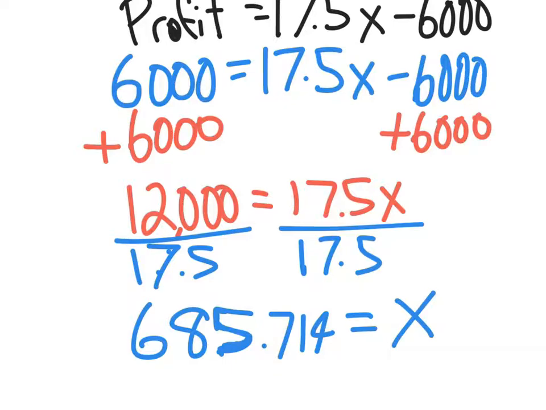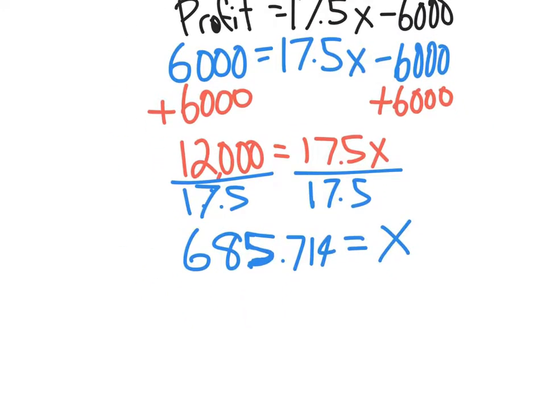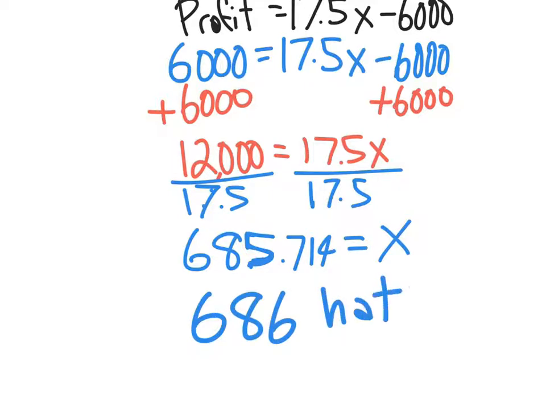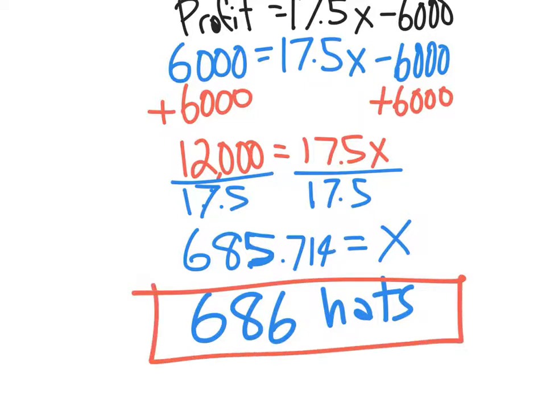So she needs to sell 685.7 hats to make the profit. Now we can't have 0.7 of a hat, right? We can't have a fraction of a hat. So what we're going to say is that minimally, Sabrina's got to sell 686 hats to make a profit of $6,000. Awesome.